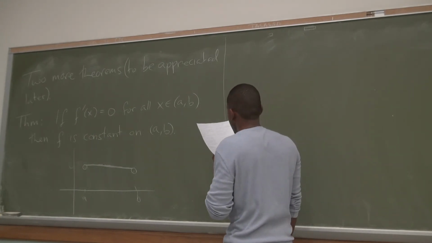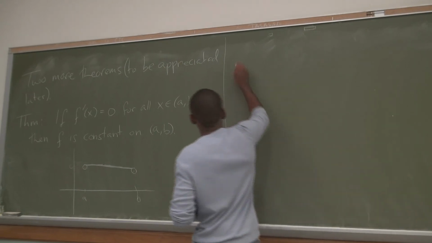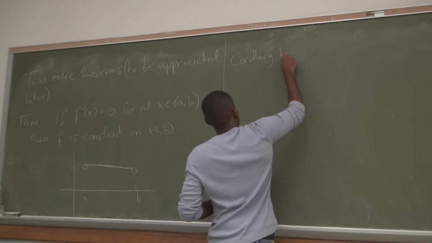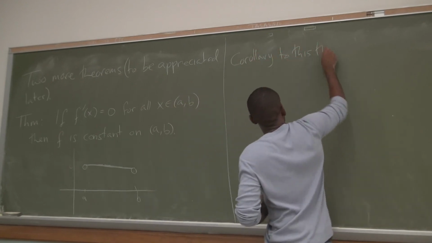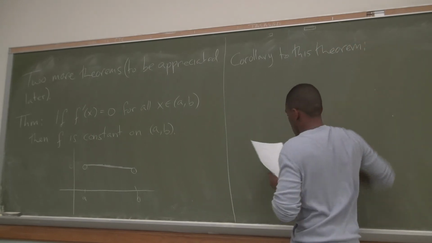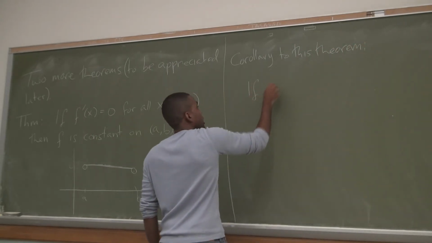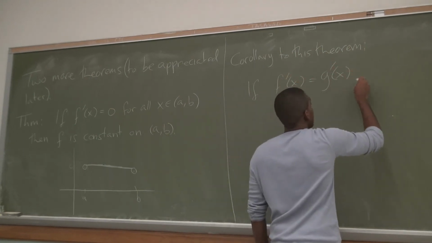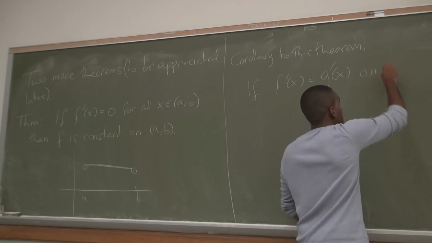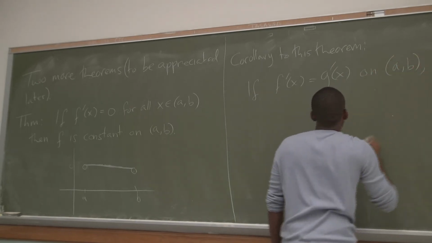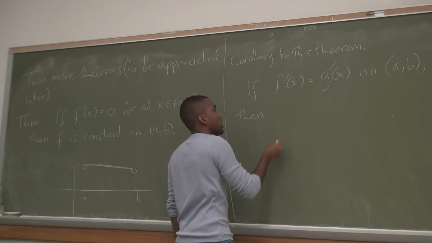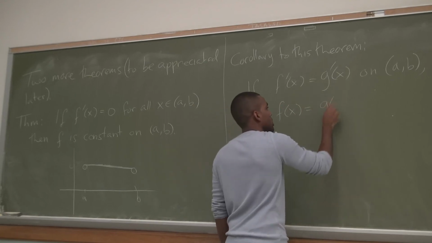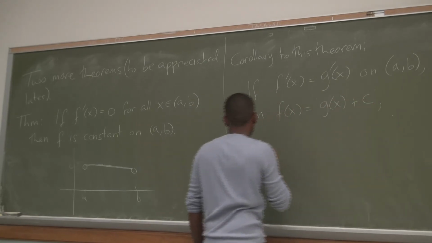So another theorem, which is a corollary of this theorem, is the following. If you have two different functions that have the same derivative on some interval, then f of x equals g of x plus c.